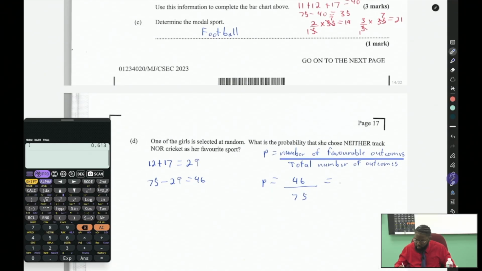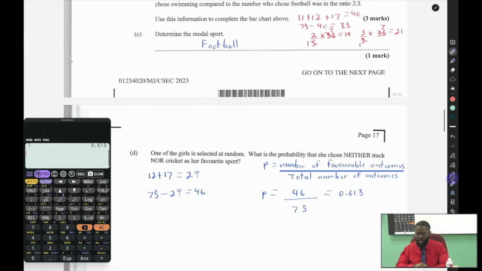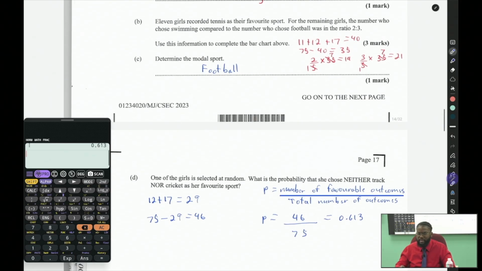You could also put the probability as a decimal, 0.613.